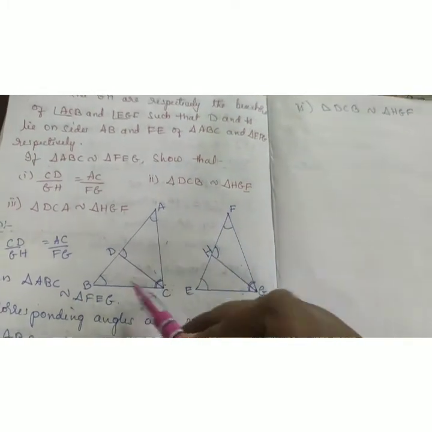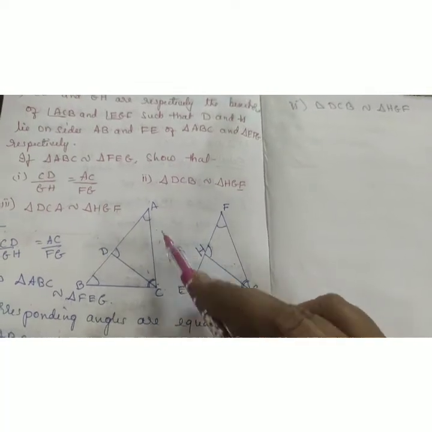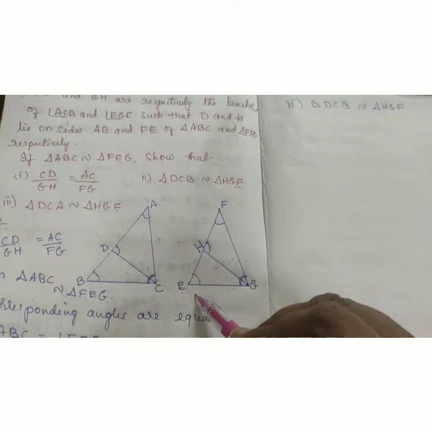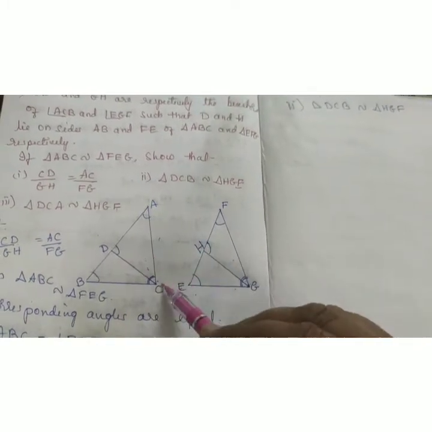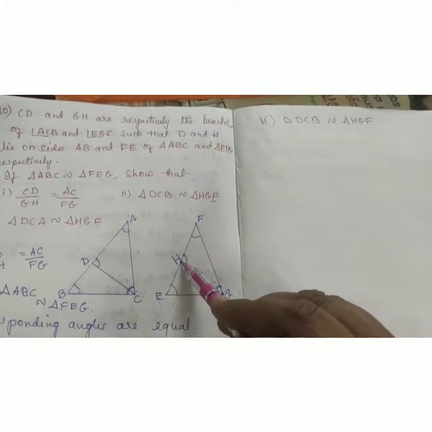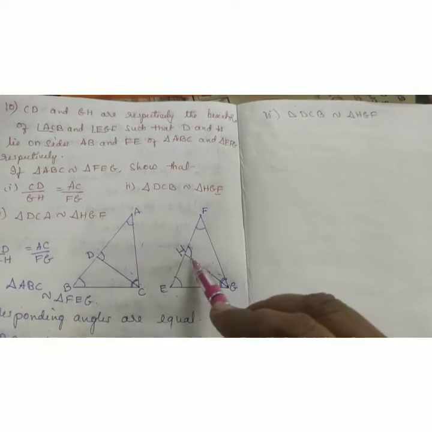Then angle ACB is equal to angle FGE, given. So half of angle ACB is equal to half of angle FGE. So half of that angle will be ACD and FGH, and the other half will be DCB and HGE.